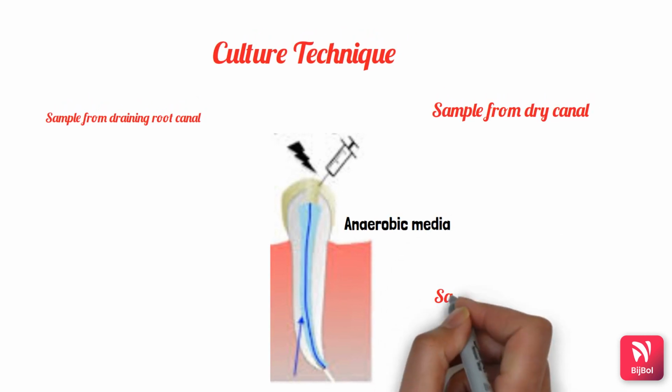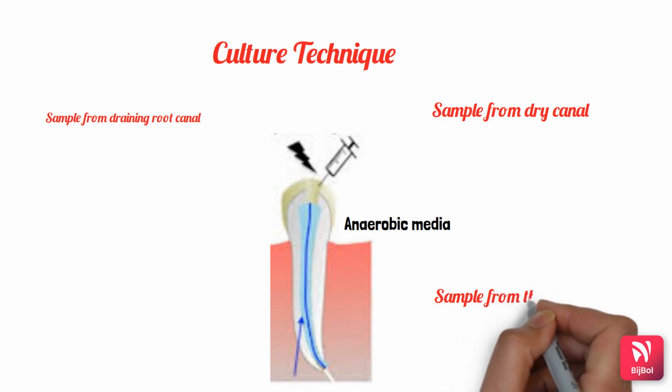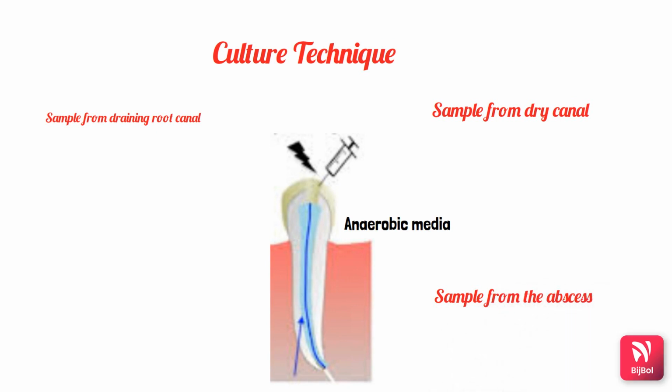For the case of an abscess, you have to palpate the fluctuant abscess, determine the most dependent part of the swelling, disinfect that area, penetrate a sterile 16 to 20 gauge needle into the surface and aspirate the exudate. Then transfer it to the anaerobic transport media.